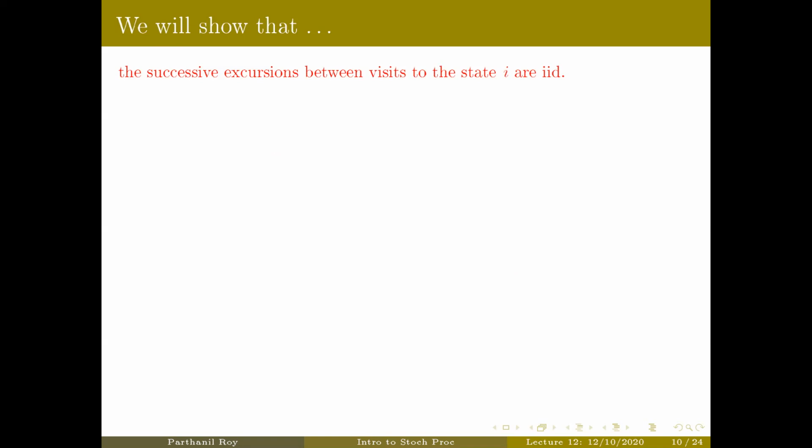We will show that the successive excursions between visits to the state I are IID. Now, of course, you would ask, return times are not even well defined, so what do you mean by IID? It would be IID under some conditional probability so that the return times are well defined. We'll see when the statement comes.